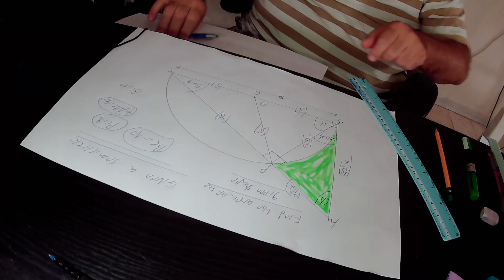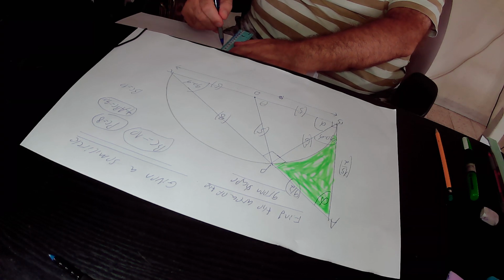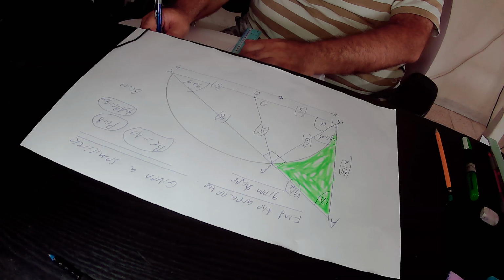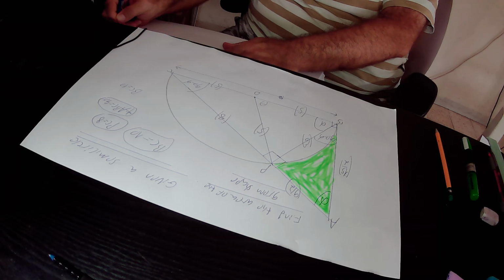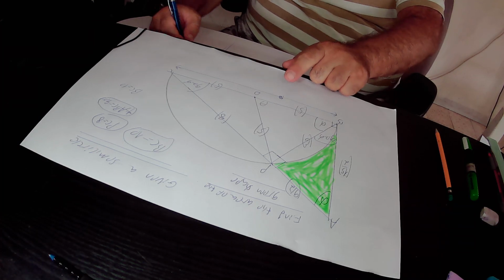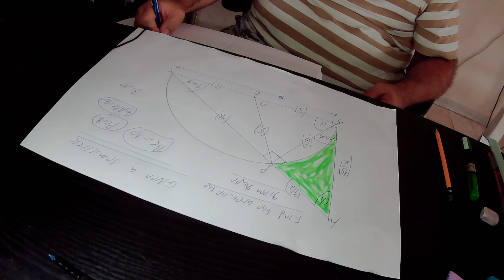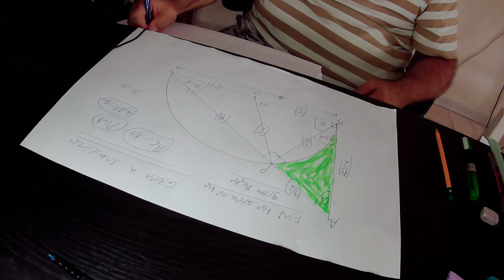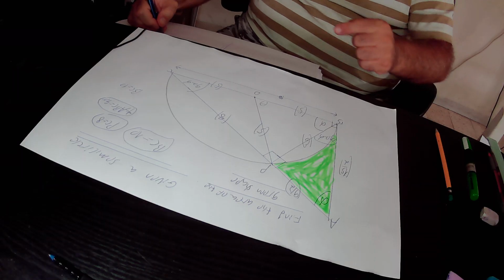According to the law of cosines, in triangle POB, cosine theta equals 5 squared plus 5 squared minus 6 squared over 2 times 5 times 5.